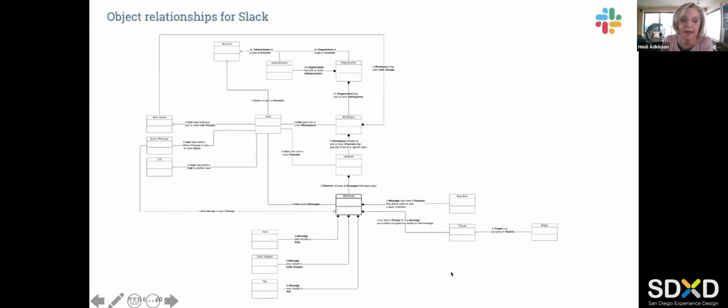I think Slack is a great example just because it is relatively simple, and it's a system that most folks are familiar with. And again, this is a slightly simplified example, but I think it can help illuminate how you can use relationships, and particularly the narrative description of those relationships.